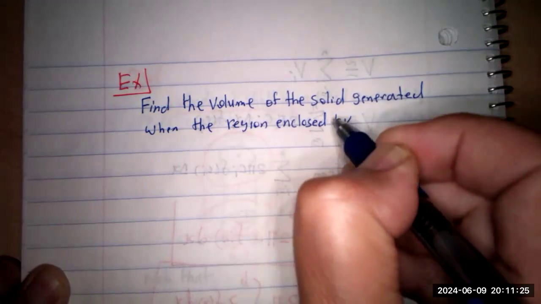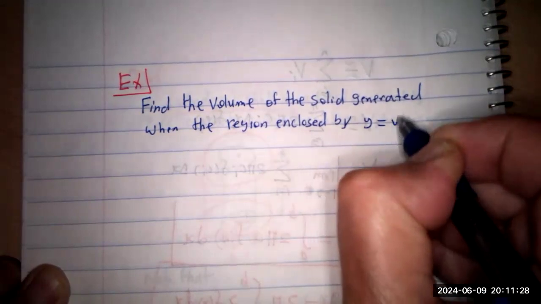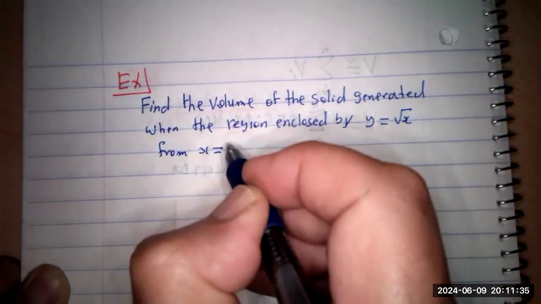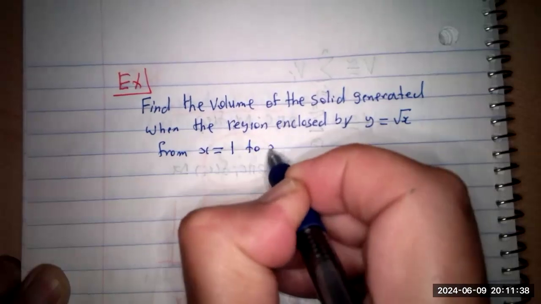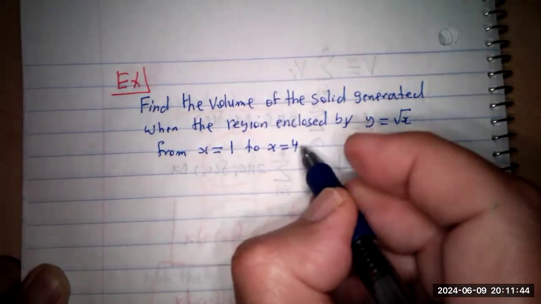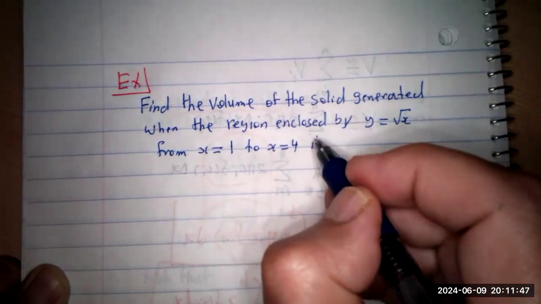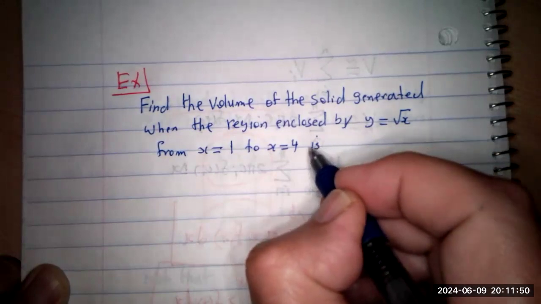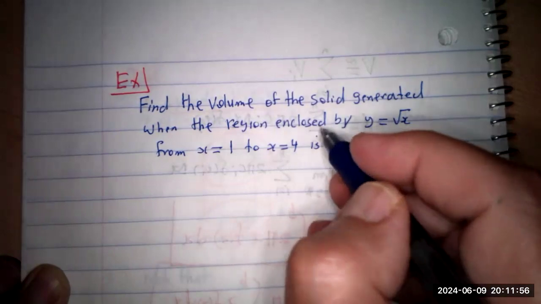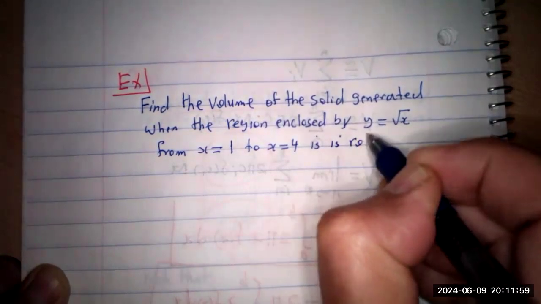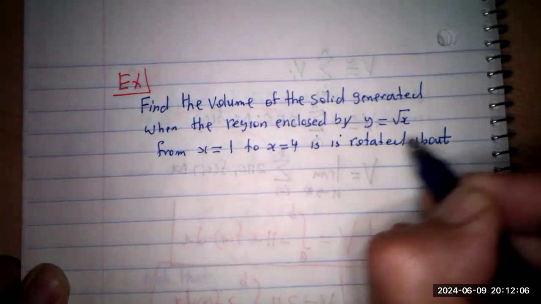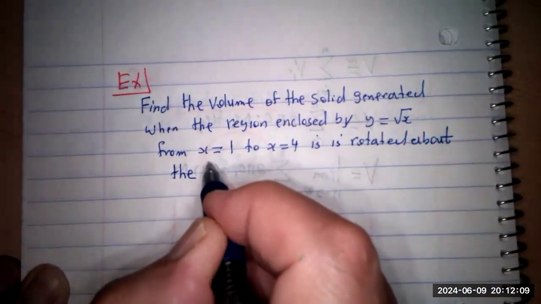the function y equal to the radical x, from x equal to 1 to x equal to 4, is rotated about the y-axis.